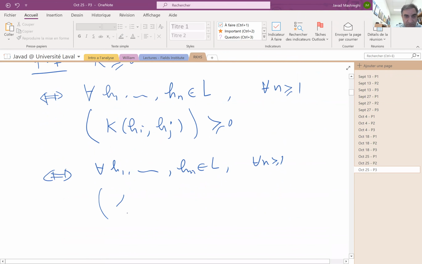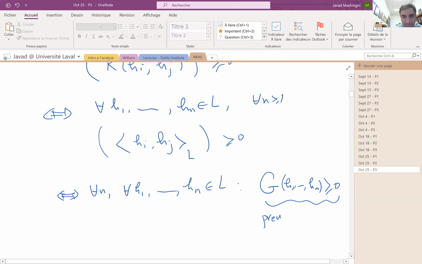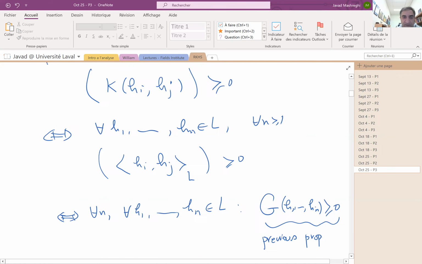So this is the inner product of Hi and Hj in L. And this is precisely the Gramian. We saw this in a previous proposition. The Gramian is positive, therefore K is positive, and we have a kernel.